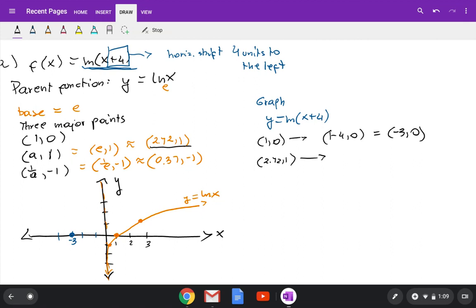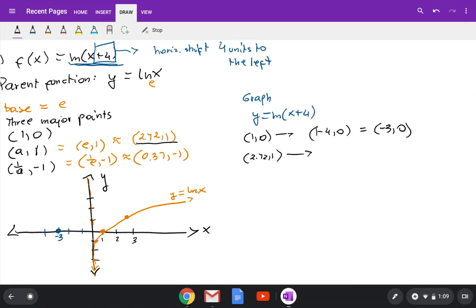Then the next point which we had was 2.72 comma 1. When we shift this graph 4 units to the left, you take the original x coordinate, which was 2.72, subtract 4, y coordinate stays the same, and that will give us negative 1.28 comma 1.